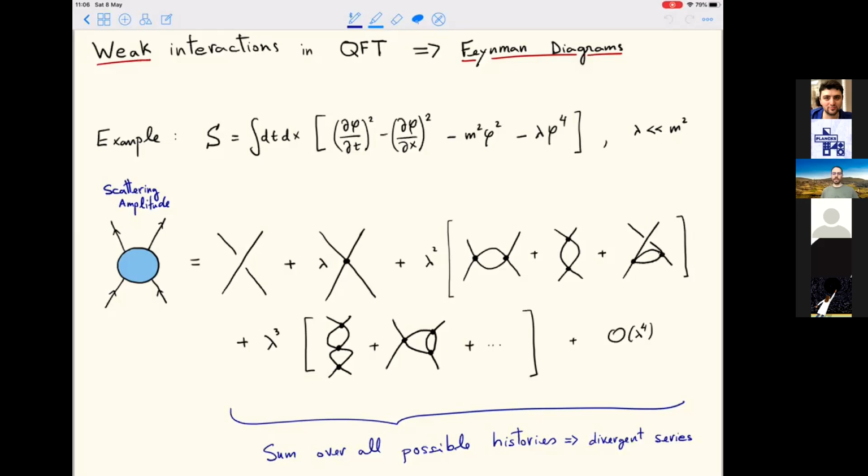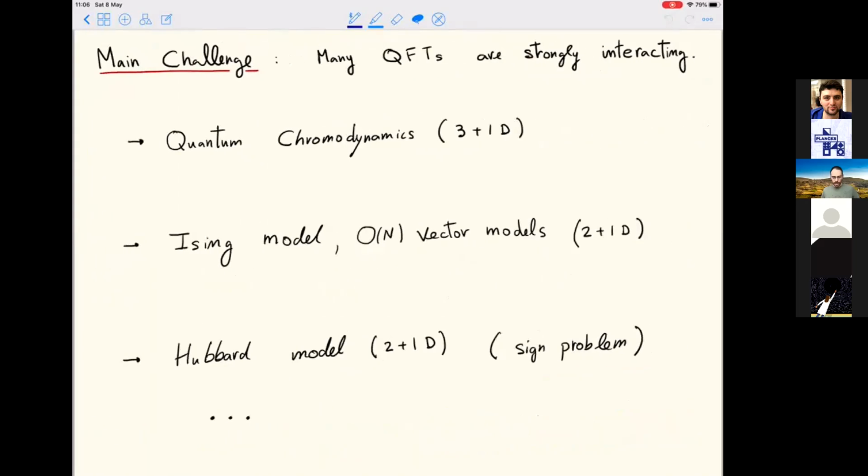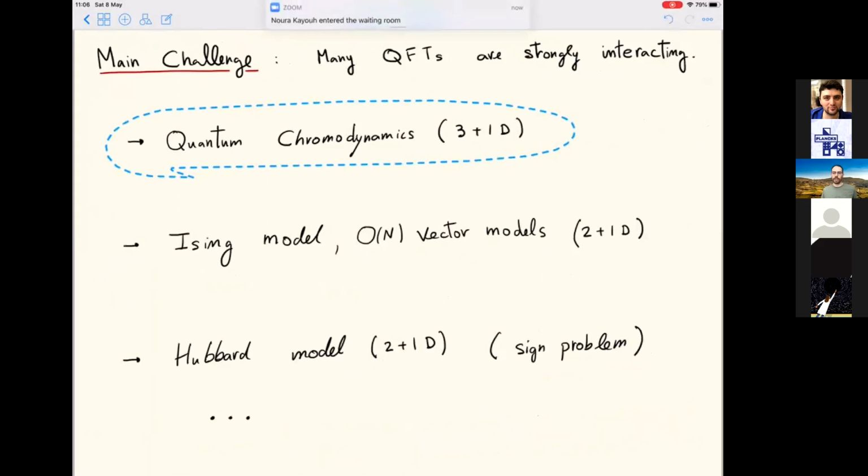It does not define the theory. So it's exactly like in quantum mechanics. And this is a big issue because I already mentioned quantum chromodynamics, the theory of quarks and gluons. This theory is strongly coupled, and this perturbation theory just doesn't work, not even in practice. Here, it is just useless.